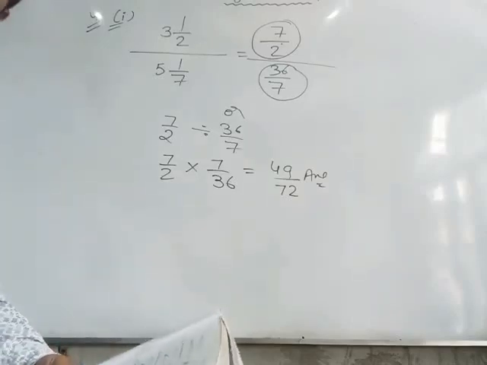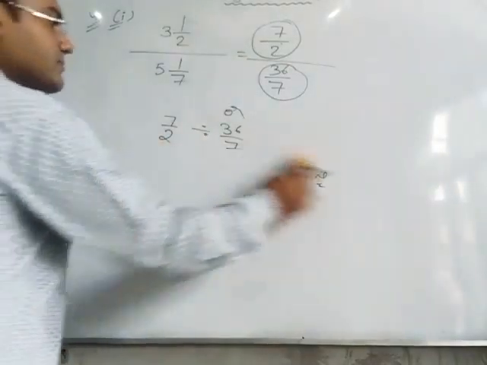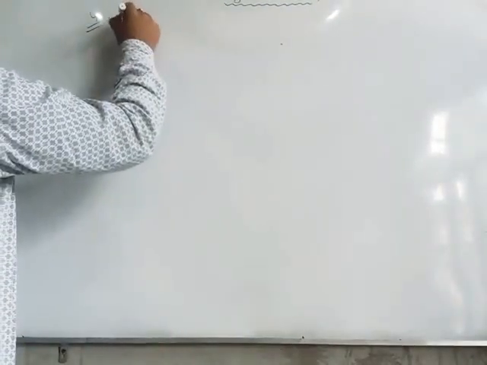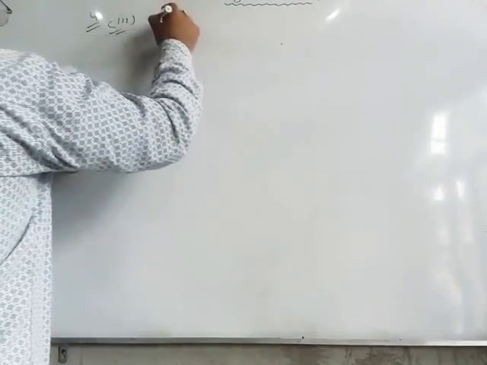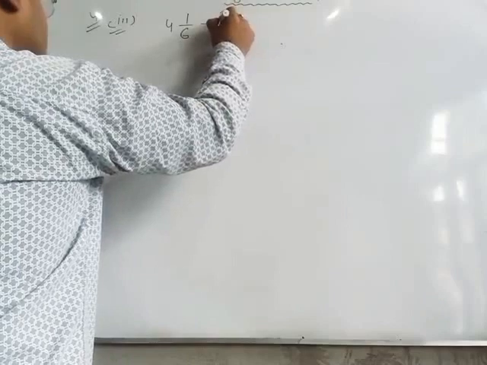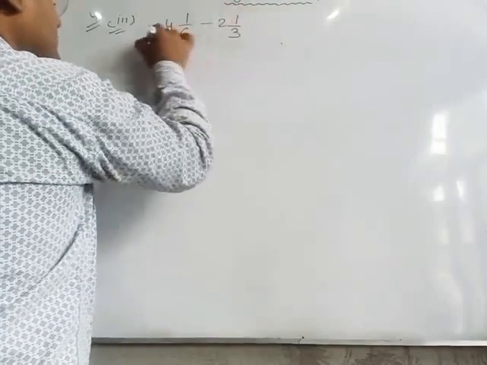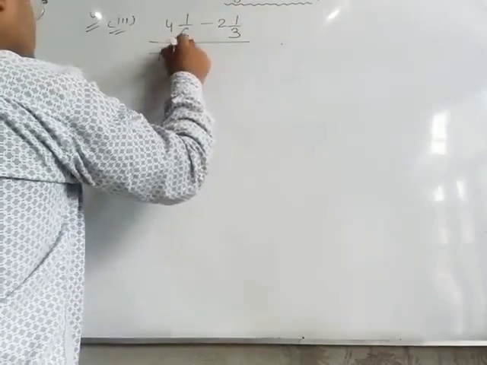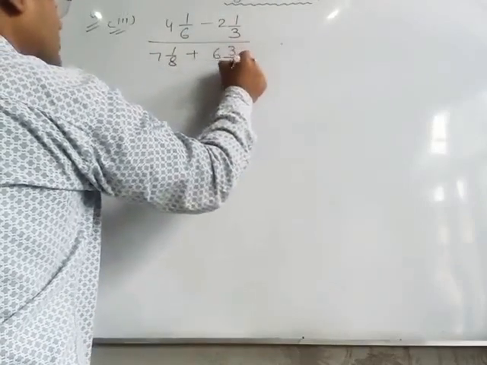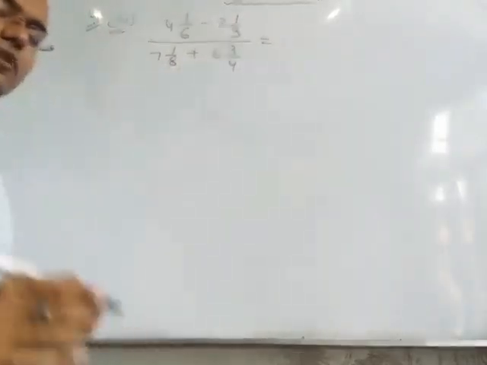Now part number 3rd. Fourth question, second and third parts are the same. Third part you just see. 4 whole 1 upon 6 minus 2 whole 1 upon 3, upon 7 whole 1 upon 8 plus 6 whole 3 upon 4. So you know very well what the first step is.